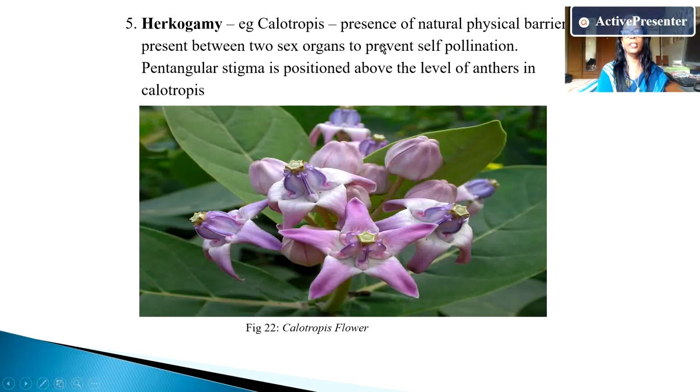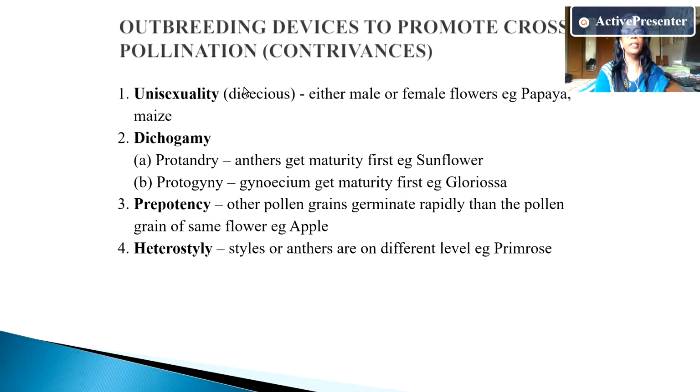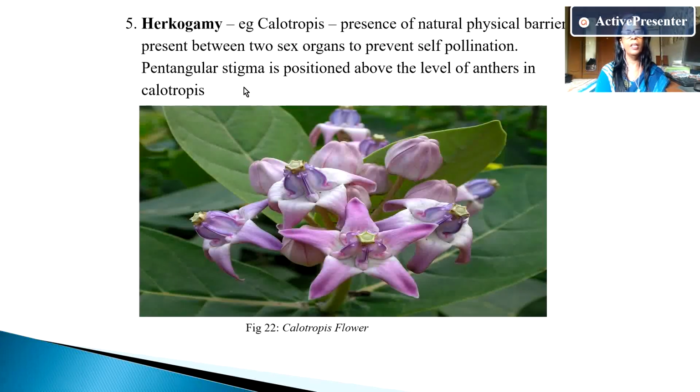In all these cases, self-pollination is prevented. In Calotropis, the pentangular stigma is positioned above the level of the anthers, so because of this, self-pollination is not carried out. This is hercogamy. So these are the different contrivances to promote cross-pollination: unisexuality, dichogamy with protandry and protogyny, prepotency, heterostyly, and hercogamy.